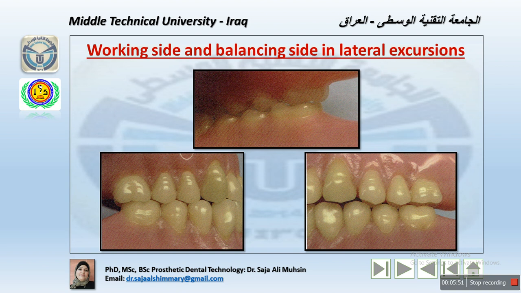The upper palatal cusp of the working side teeth maintains contact with the buccal facing slope of the lower lingual cusp, as shown here in the upper image. Okay.